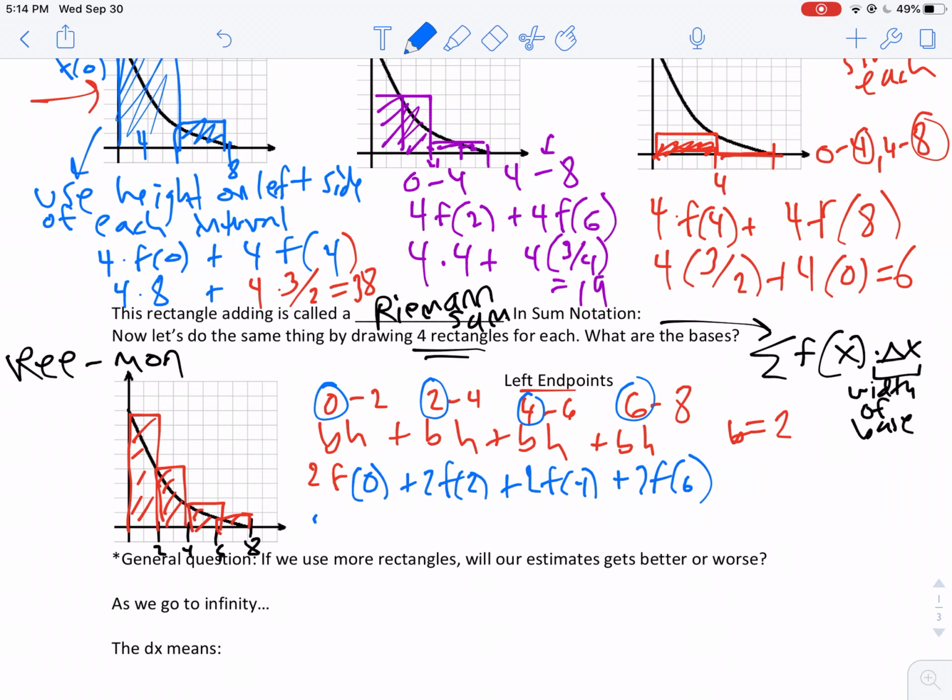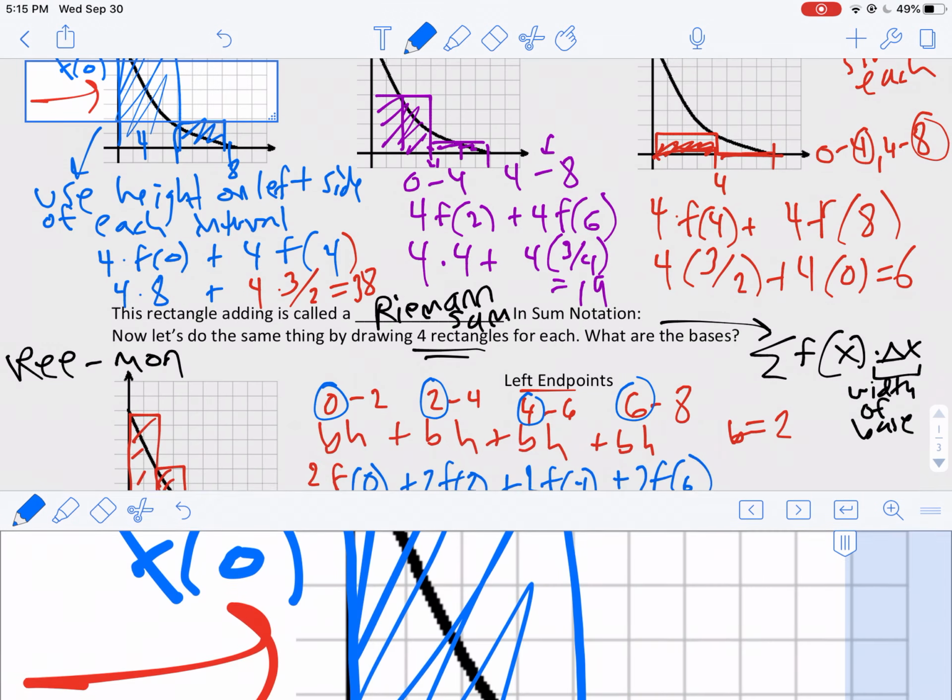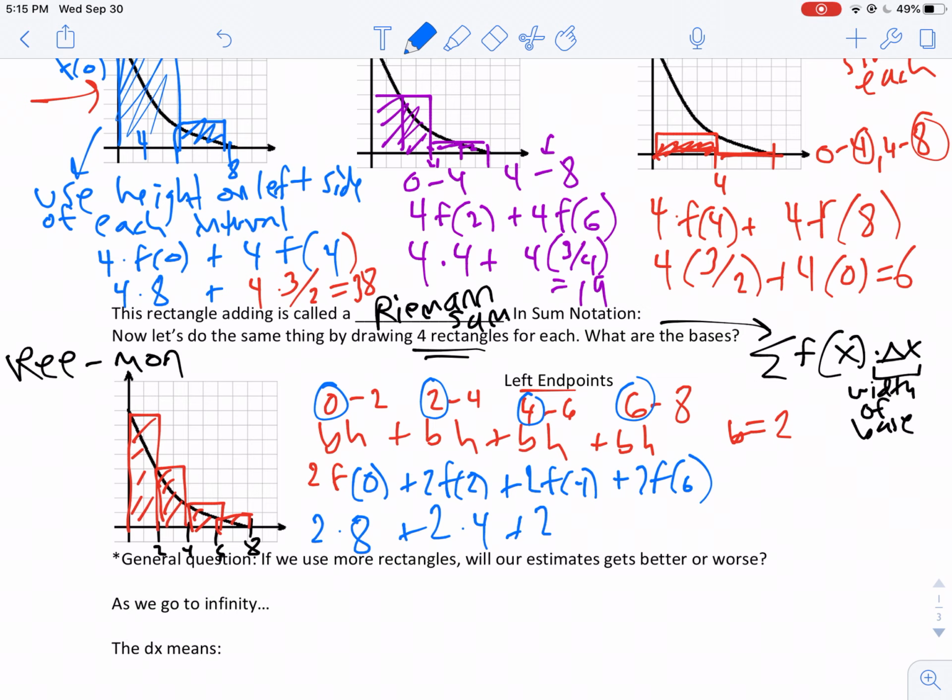Okay, so if I just take those values, that's 2 times 8 plus 2 times 4 plus 2 times, and then the height at 4 it looked like was, what, 3/2? Yeah, somewhere around there. And then the height at 6 was like roughly half. I think I said something different above, but who cares? Okay, so that's like 16 and 8, 24 plus 3 plus 1.